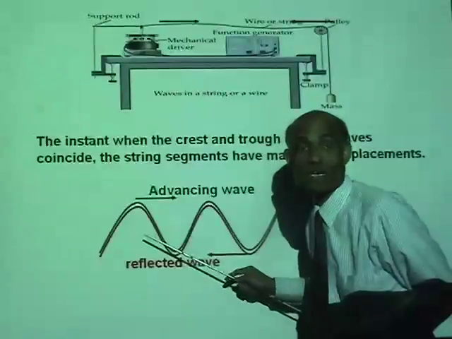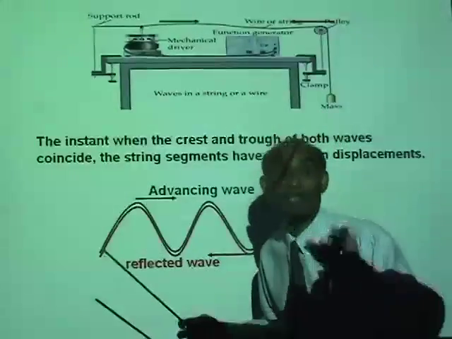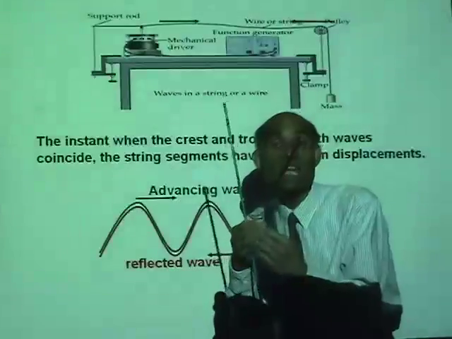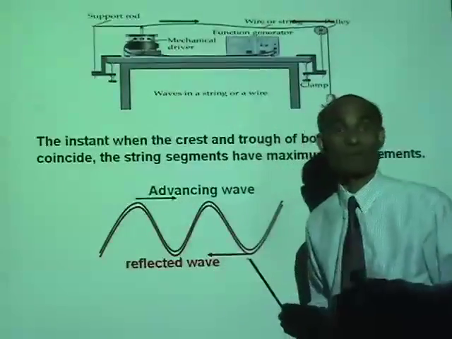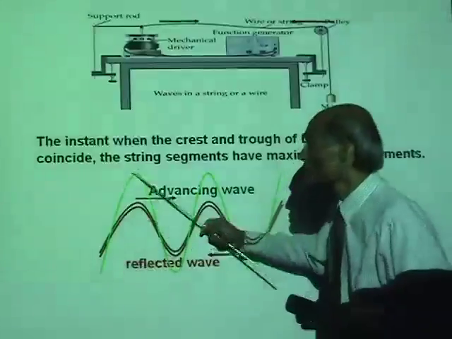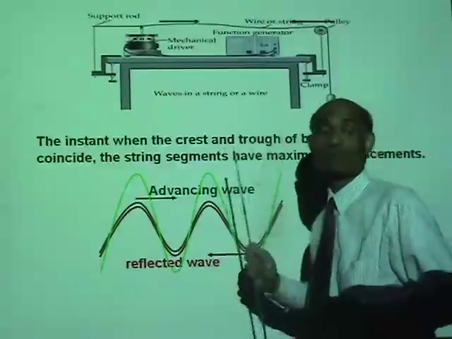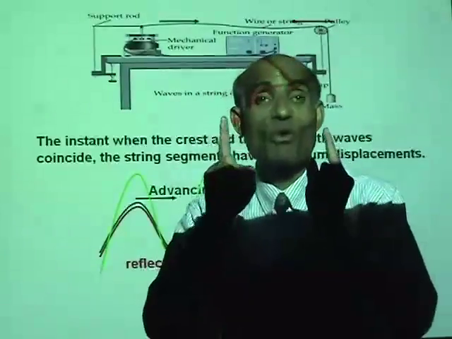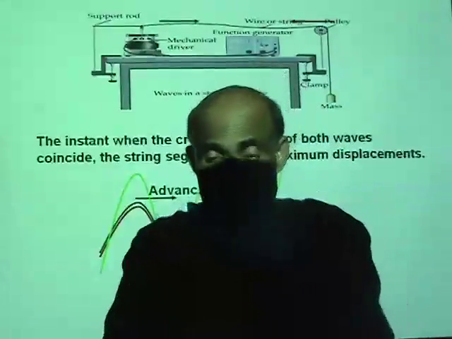Everywhere on the string, the particles will have maximum displacements because both these waves are meeting in phase everywhere. So the string segments will have maximum displacements. But this only stays for a fraction of a second.